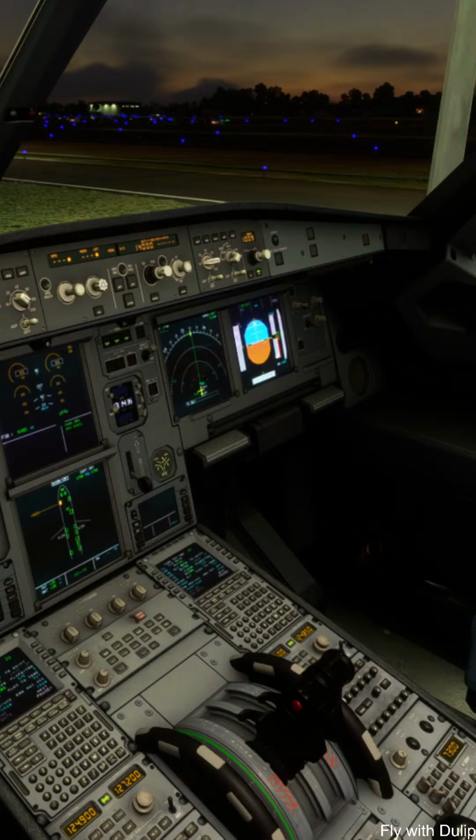Good evening, ladies and gentlemen. This is your captain speaking. Welcome on board the Sri Lankan Virtual Airlines flight SriLankan 103 service from Colombo to Malé. Our flight time today will be approximately 1 hour and 20 minutes, cruising at 38,000 feet across the Indian Ocean.